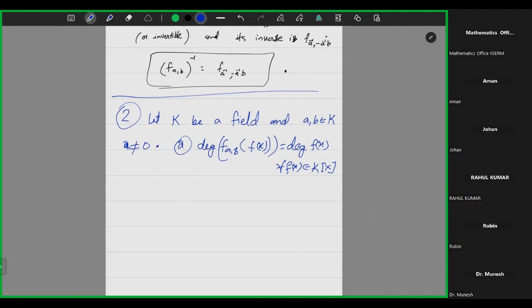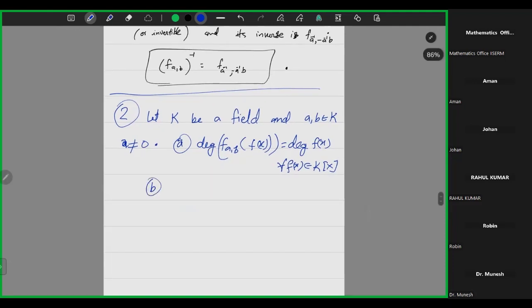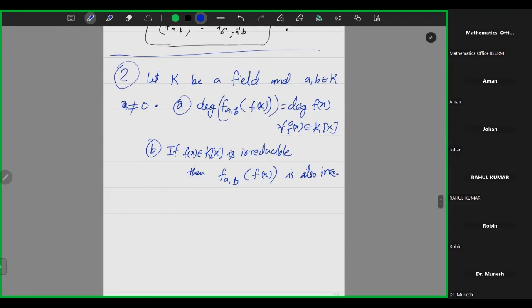Let me write here: if Fx belonging to Kx is irreducible, then FAB of Fx is also irreducible. Okay. This is your question. How to solve this?